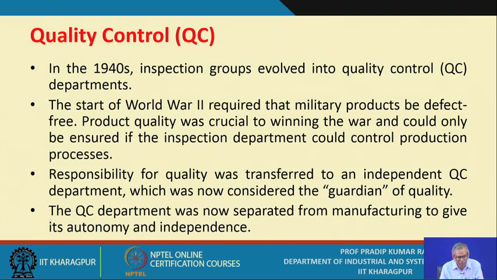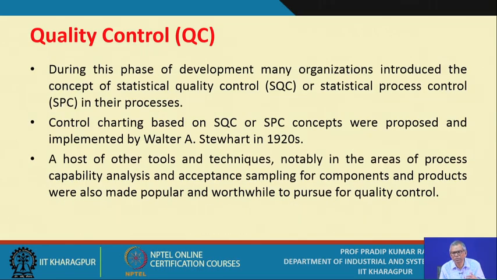The quality control department was now separated from manufacturing to give it autonomy and independence. And possibly wherever you find a quality control department, the organization structure is such that it has been given independent authority and power. Okay, right.